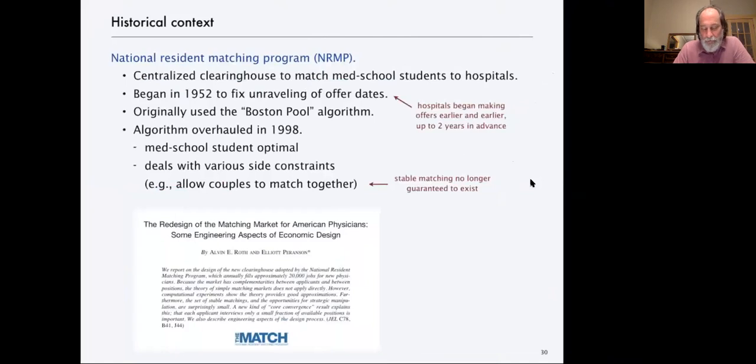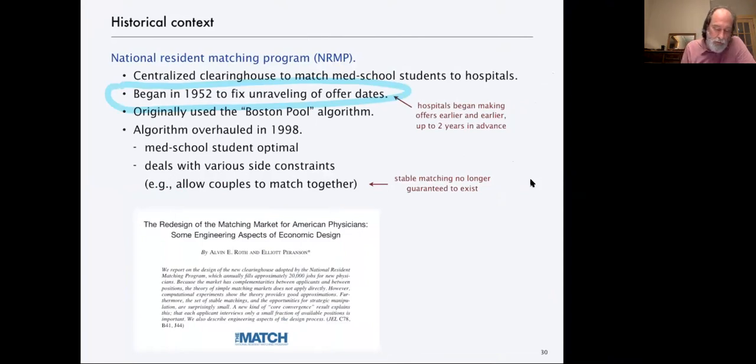Just a couple of tidbits to finish up. The Gale-Shapley algorithm was introduced in 1962, but a very similar method, essentially the same method, had been used since 1952 in actual med school student hospital assignment work.